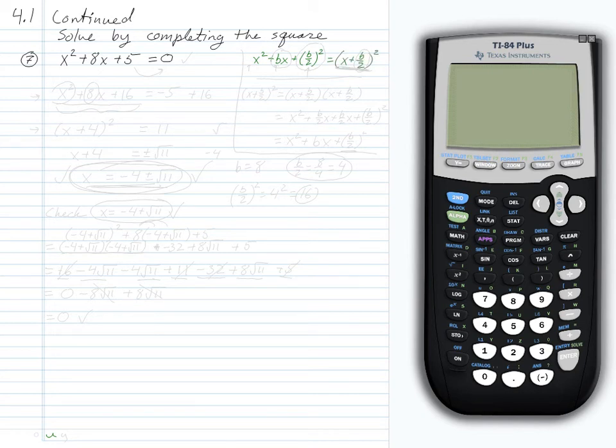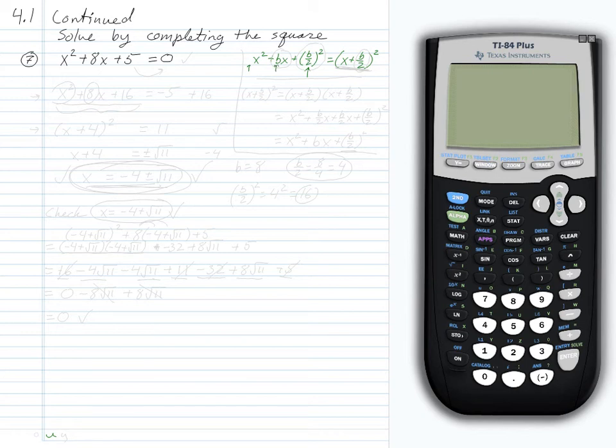So we can turn a quadratic into a perfect square trinomial if we add that term (b over 2) squared. Now this relies on the leading coefficient of x squared being 1.